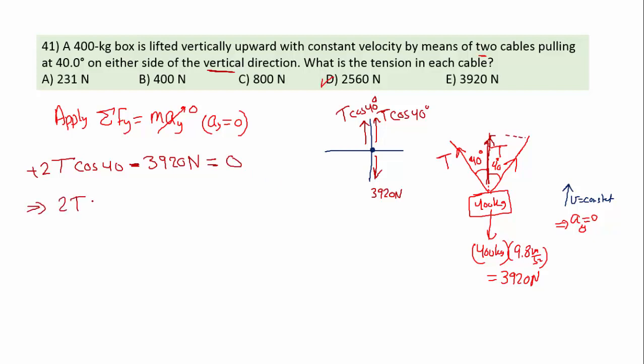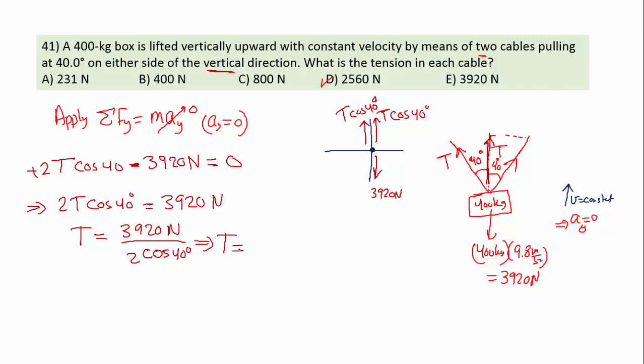Therefore, 2T cosine 40 degrees is equal to 3,920 Newton, so T is equal to 3,920 Newton divided by 2 times cosine 40 degrees.